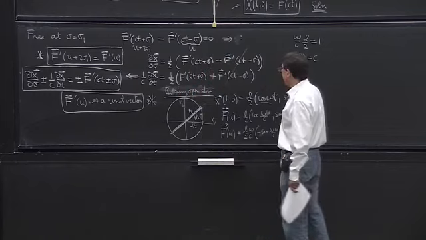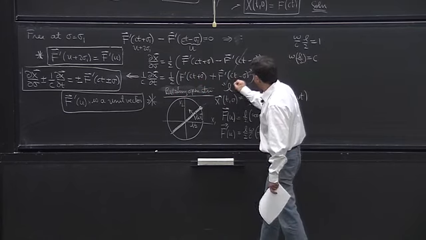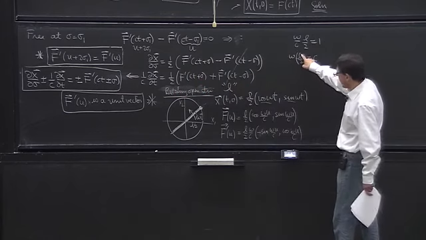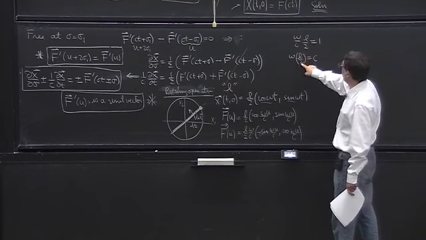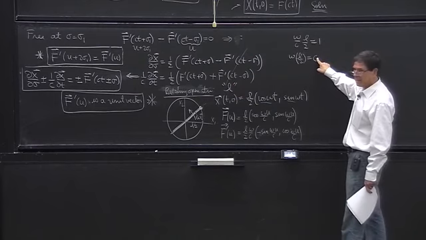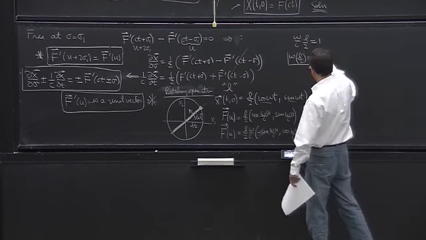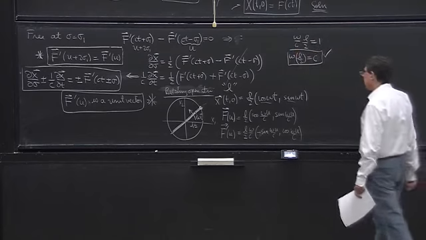So what is the length? The length of the string is L, and you see that the endpoints, omega L over 2, are moving with the speed of light. So this is what you wanted.